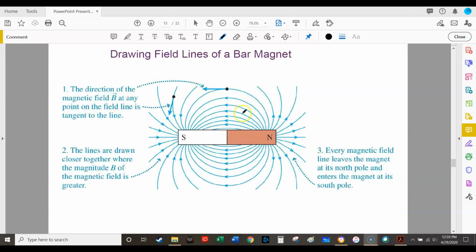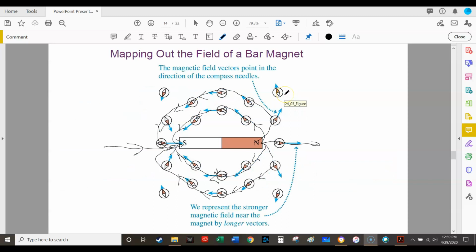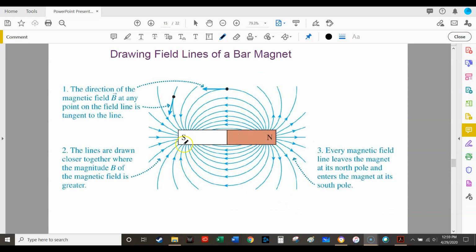What are you supposed to do with that? Well, what you're supposed to do is smooth over those drawings. See, if you look at this, it looks pretty terrible and not too presentable, right? But once you draw more and more of these lines and you get those compasses really close together, now it starts to take on a smooth shape, right? And you can see all these lines are leaving the north end and then wrapping way out of the picture and coming back into the south end.